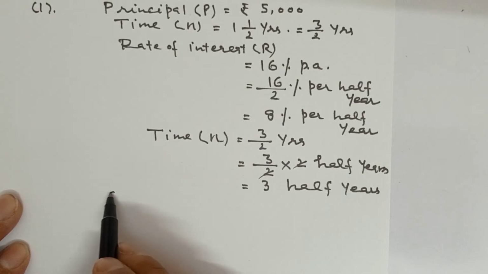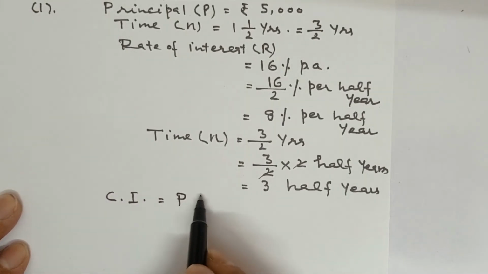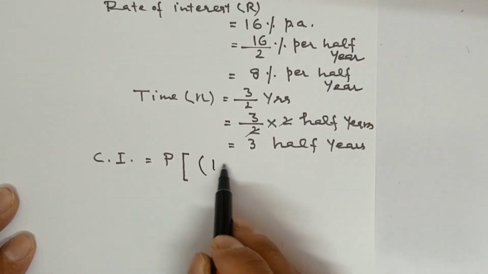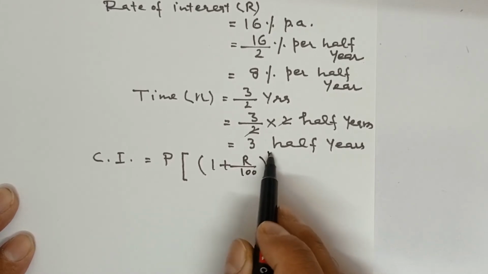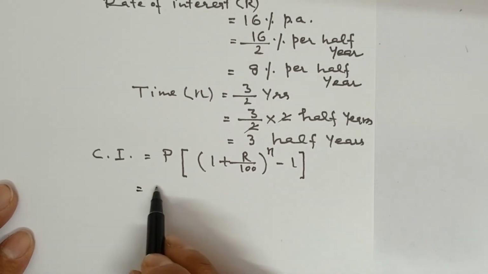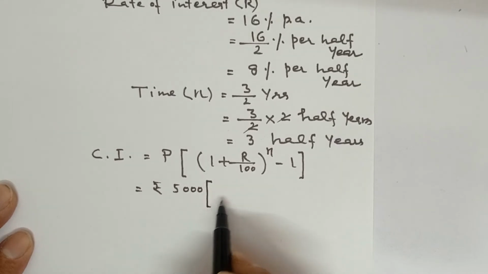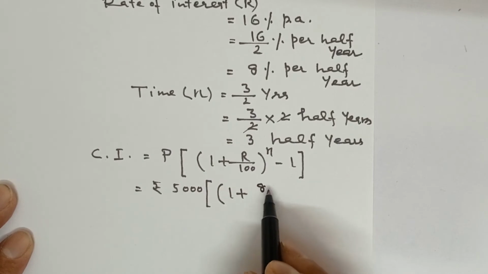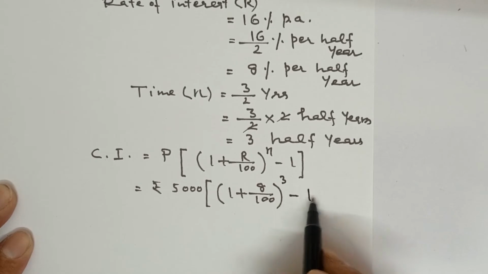Now you need to calculate compound interest. So this formula is the same: P into 1 plus R by 100 power n minus 1. So put the values. P is how much? 5,000, 1 plus R 8 by 100, power n means 3, minus 1.